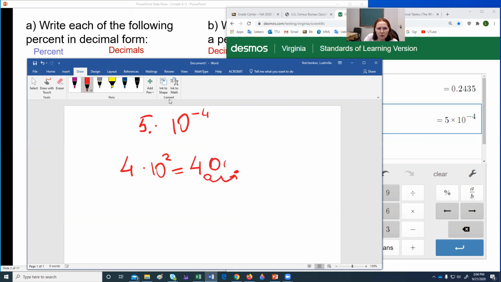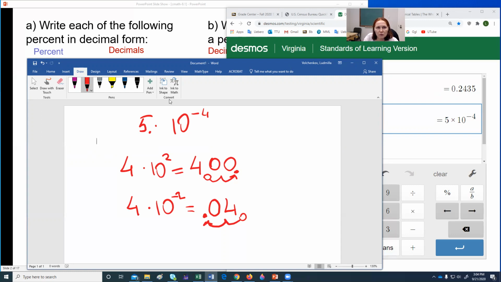Let us multiply 4 by 10 to the power negative 2. It means that decimal point from here moves 2 places to the left. And we need a 0 to show this place. And we get 0.04. The same with 5.